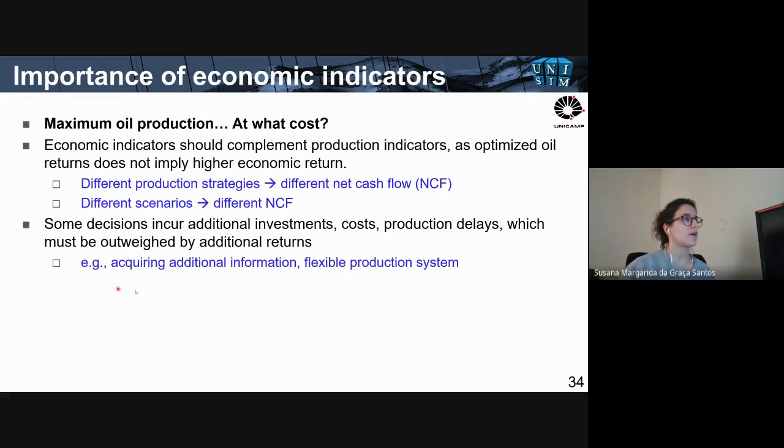Also, this is the second part of the importance: some decisions incur additional investments or costs, and that's why it's important to consider them. For example, when you talk about acquiring additional information, we will see that in the future, in the second part of the class after the break.